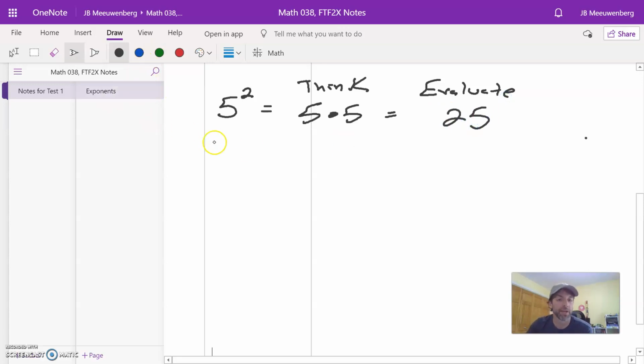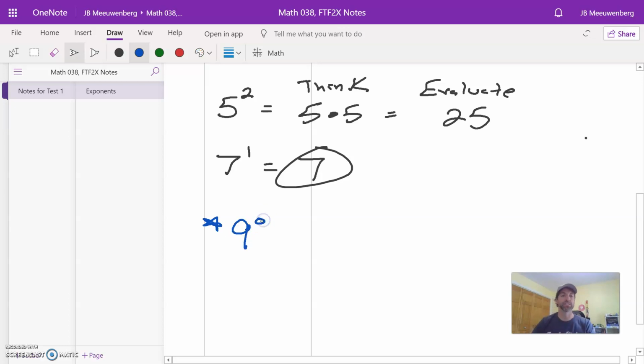Well, what about something like this, 7 to the first power? We don't really have to multiply it by anything. It's just a single 7 that exists there. 7 to the first power is equal to 7. That's it. I'm going to do one more, and I'm going to put a little asterisk, a little star next to this one, and I'm going to do 9 to the 0 power.